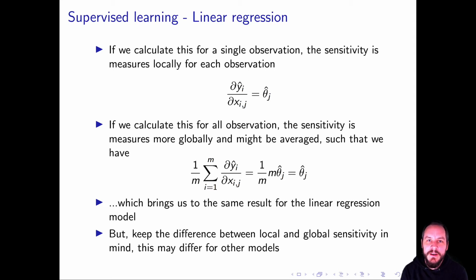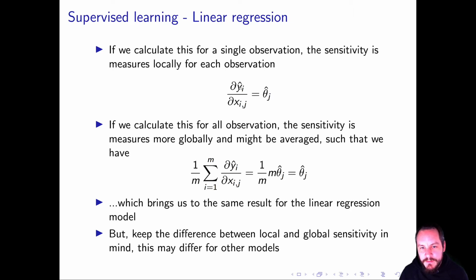So if we want to derive the average feature importance of this feature variable, then we want to calculate all the local sensitivities here, which, by the way, for the linear regression model are all the same. For each observation, it's the same value. But we will do this later where this is not the case. So this is why we want to do this from a general perspective here.